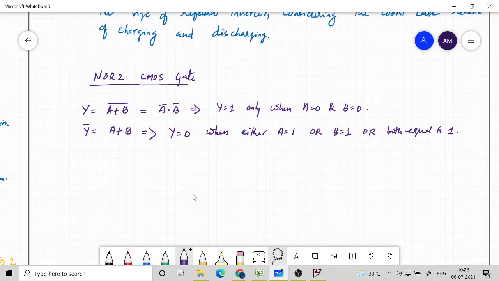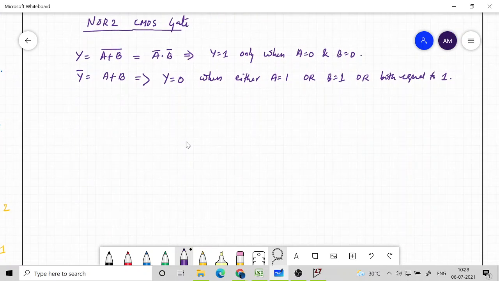So for making it 0, we use NMOS transistor. For making it 1, we use PMOS transistor. So PMOS transistors should be connected in series, so that when A equal to 0 and B equal to 0, when both are 0, there is a path, and that will basically give you Y to become high.